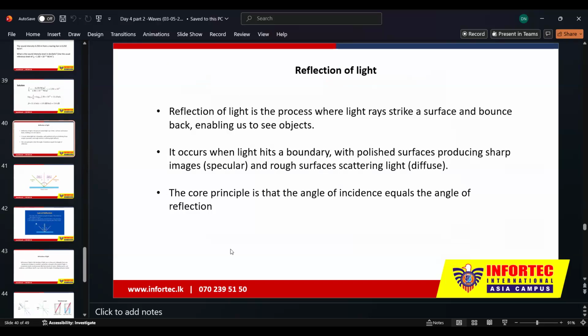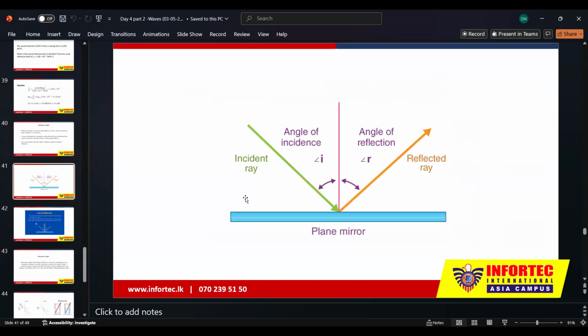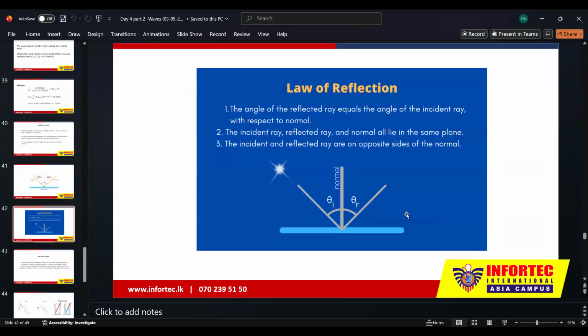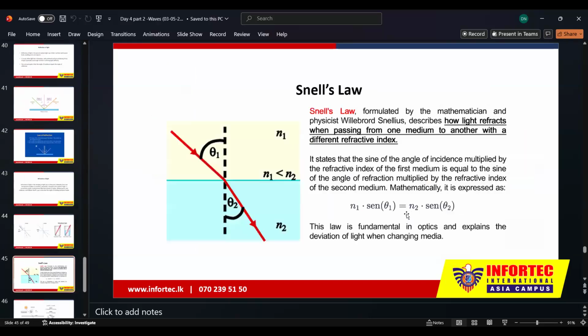Another topic in optics is Snell's law, and the reflection of light. This is the process where light hits the surface and bounces back. You can see this is the angle of incidence and the angle of reflection. And Snell's law for refraction: n1 sin theta 1 is equal to n2 sin theta 2, where n1 is the refractive index in medium 1 and n2 is the refractive index in medium 2.